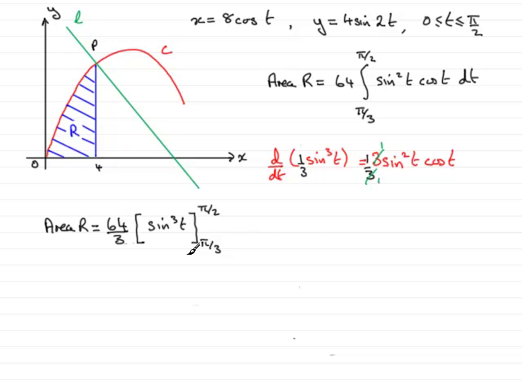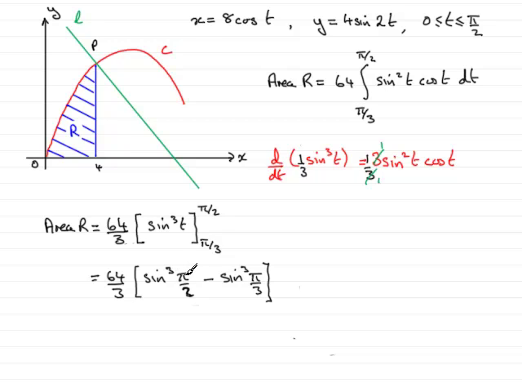Okay, so carrying on now, all I need to do is substitute pi upon 2 and pi upon 3 in for the limits. So we have 64/3, and then we have sine cubed of pi upon 2, minus sine cubed of pi upon 3.